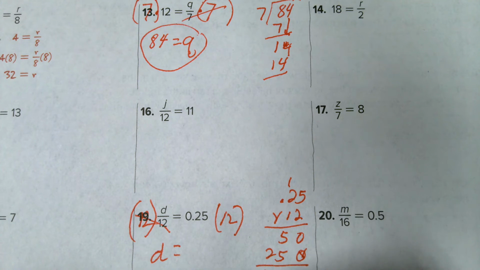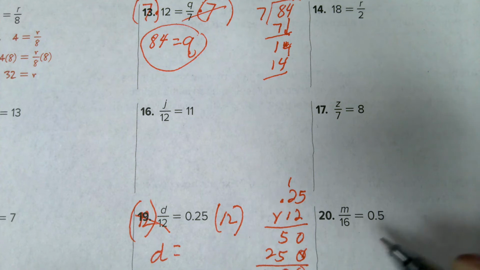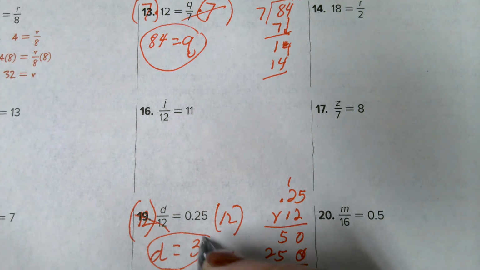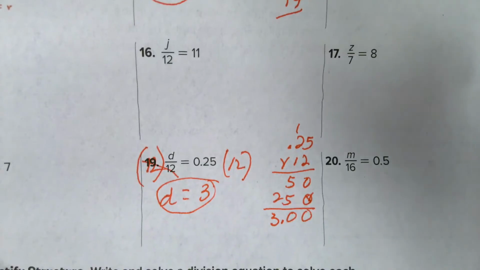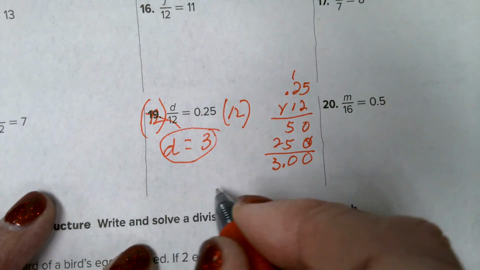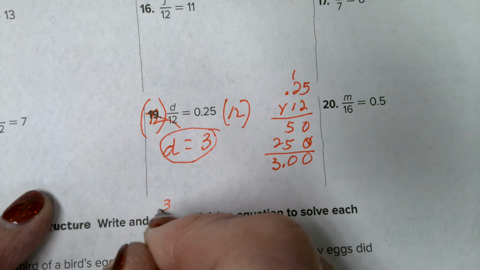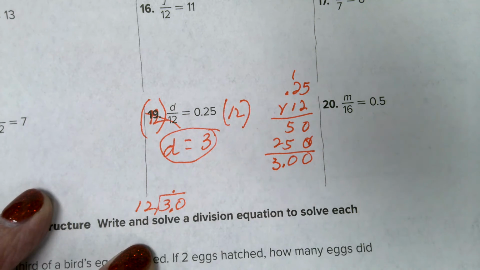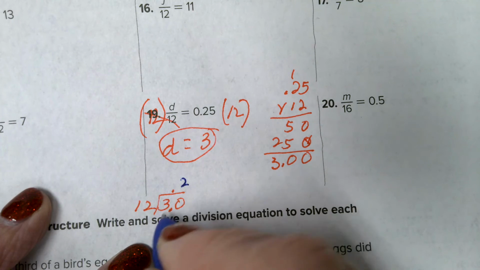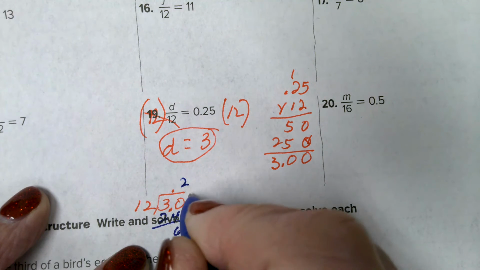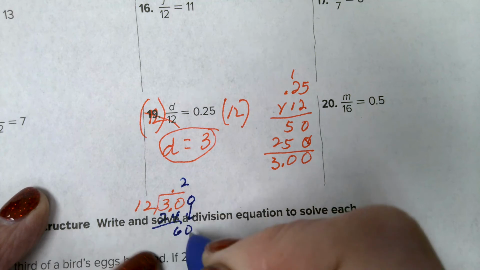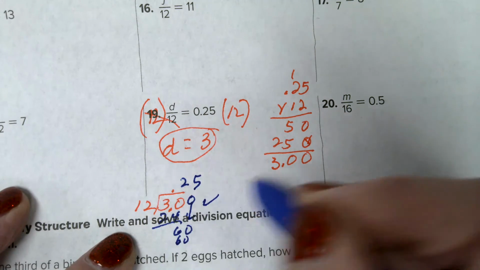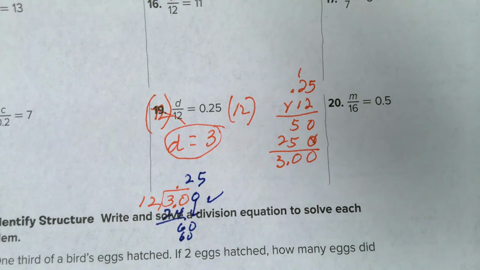You end up with 3.00, or 3. Let's do our check step. So if D is 3, 3 divided by 12. Add a decimal point and a 0. It'll go into that twice. 24, subtract, add another 0. 12 goes into 60 5 times. So yes, it does. It equals 0.25.